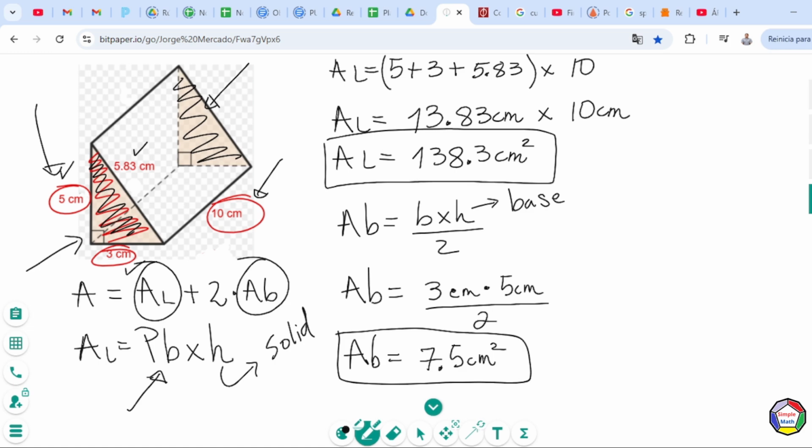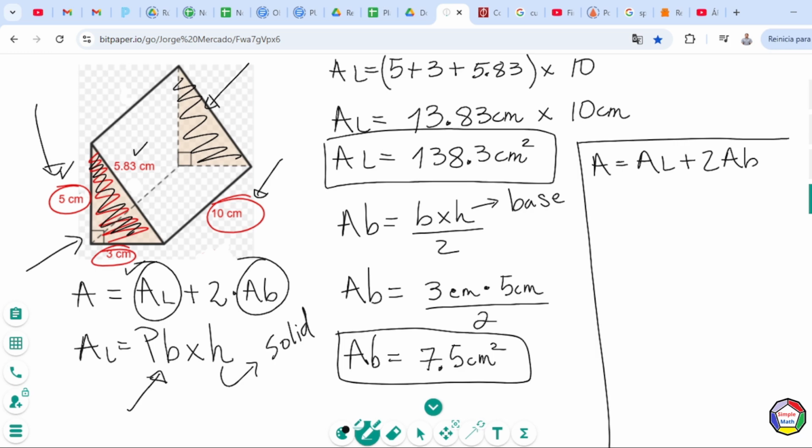Now I'm going to develop the whole formula. Remember that the surface area is equal to the lateral area plus 2 times the area of the base.